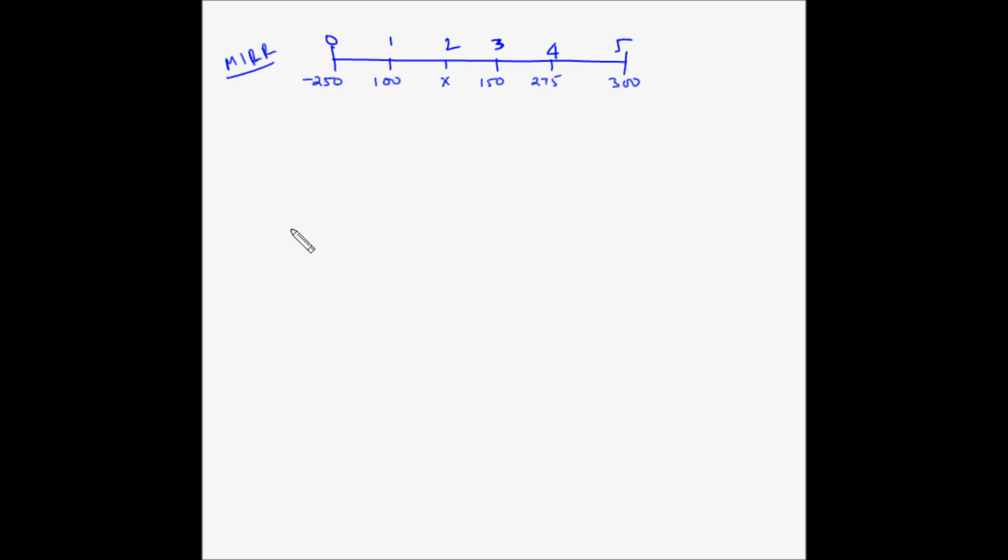Now we know that MIRR is that discount rate at which the present value of the cash outflow becomes equal to the present value of the terminal value of cash inflows.